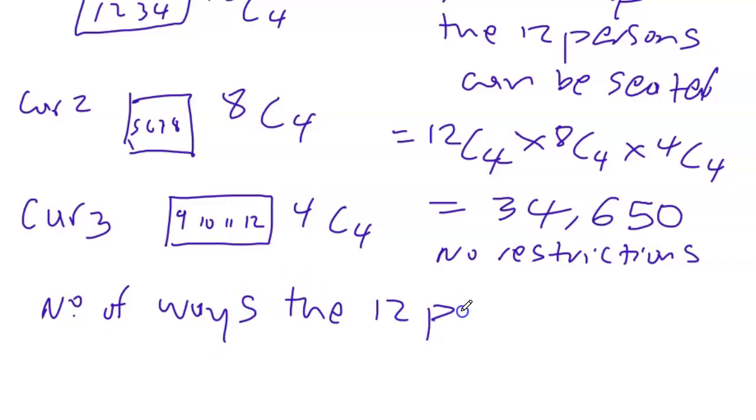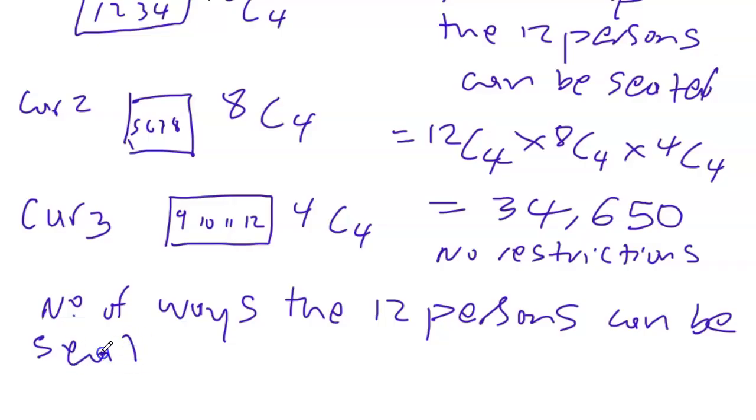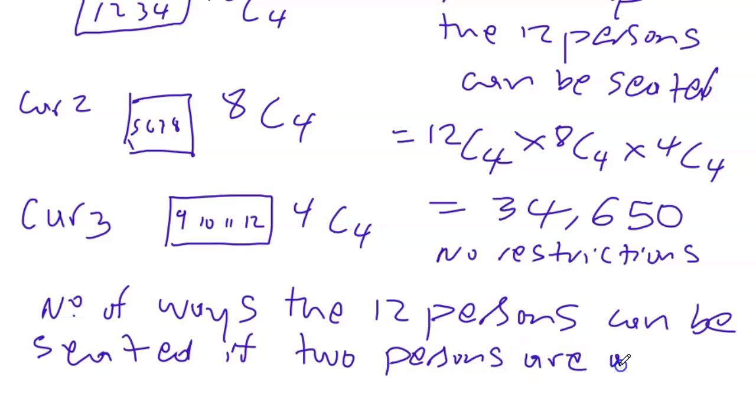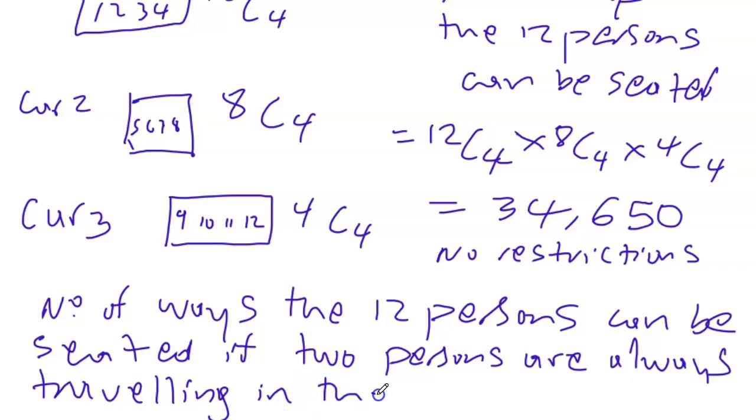Number of ways the 12 persons can be seated if two persons are always traveling in the same car. Let's do that calculation.